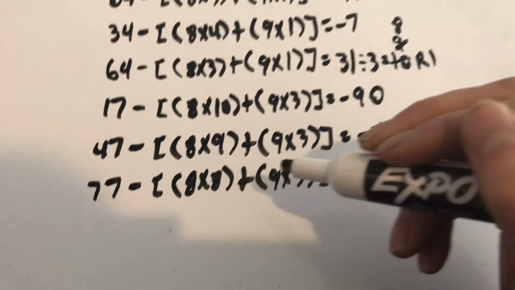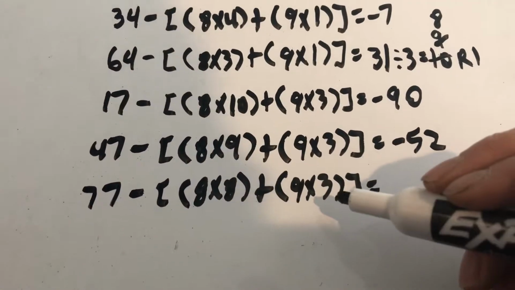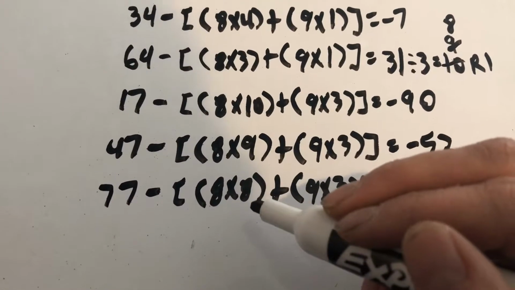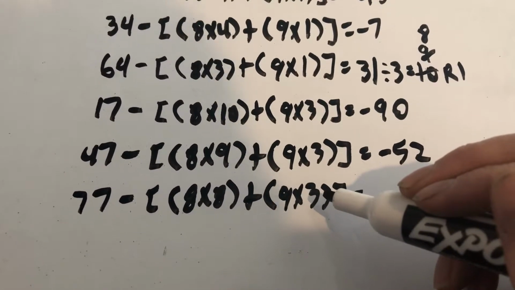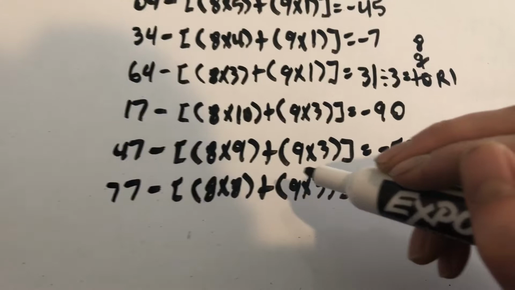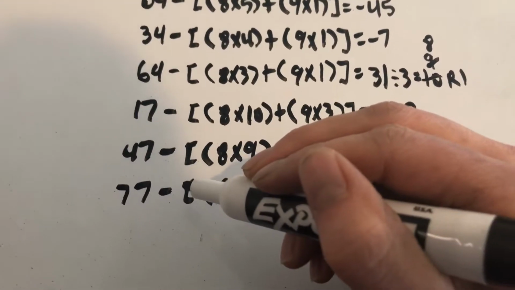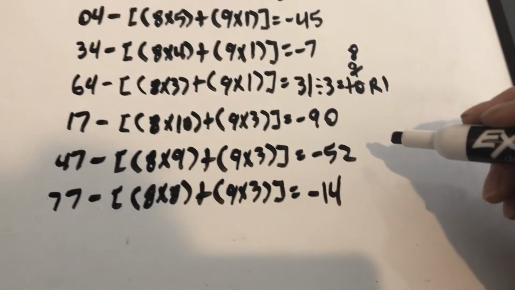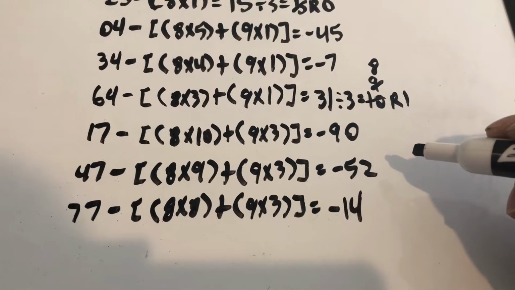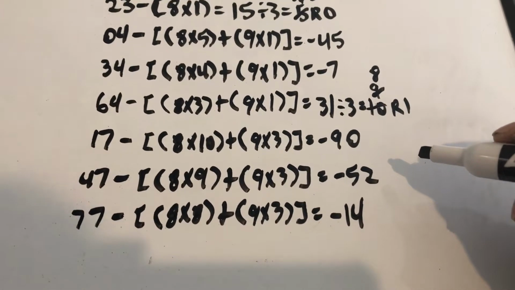Now we can calculate 77 minus 8 times 8 plus 9 times 3, which equals 64, 27, 91. 91 minus 77, which equals 14. So negative 14. Again, another negative. That means we got to cancel out more quotients.